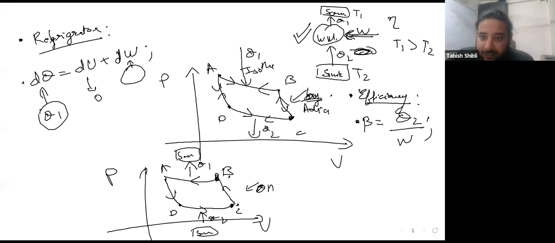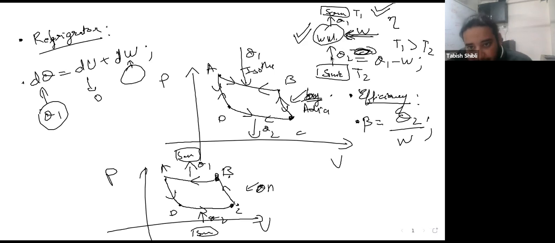Again, in this cycle here on the top, the refrigerator cycle, we see that Q1 is going out, work is being done. So what is Q2? Can someone tell me? Q2 is just Q1 minus W, right? This is coming in and this is going out.